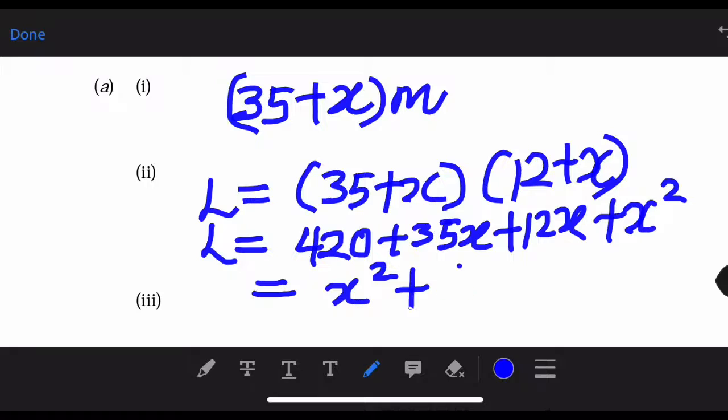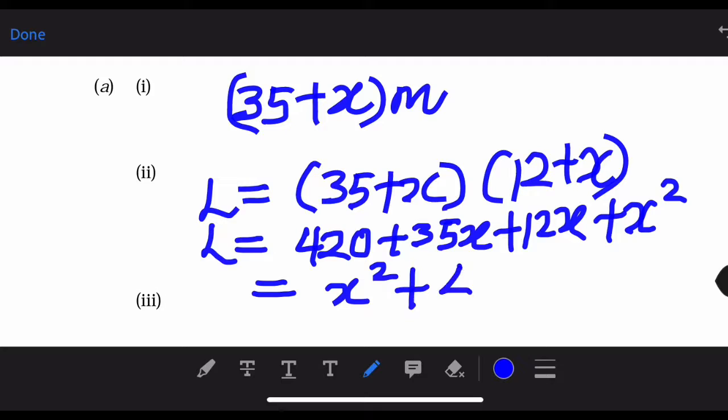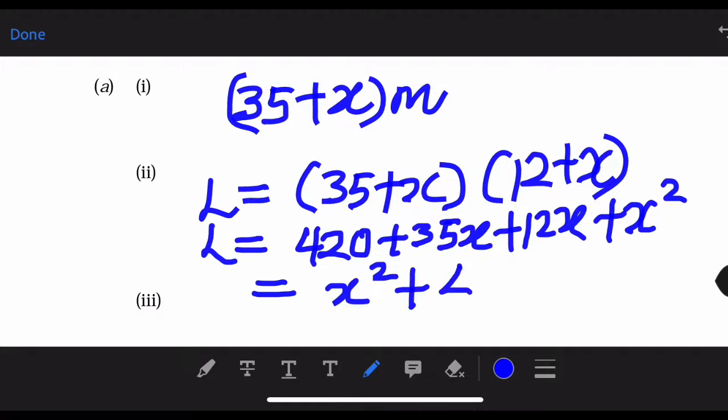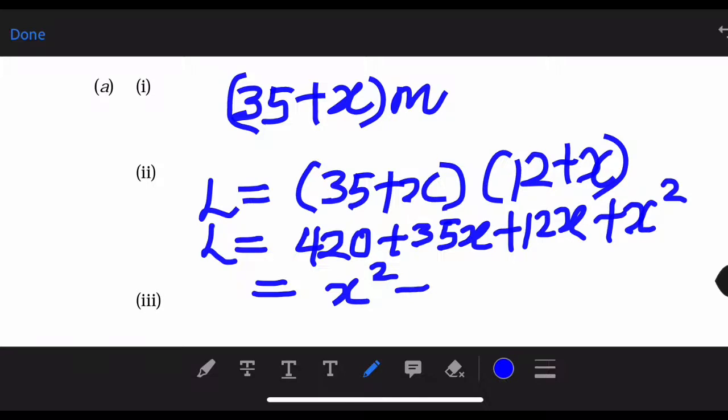Okay, maximum means the highest. So if we simplify, we'll get the answer is 26.7143 meter. So the maximum arc length will be 26.71 meter. Okay, so this is how we predict the maximum arc length.